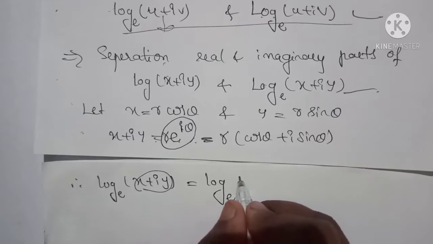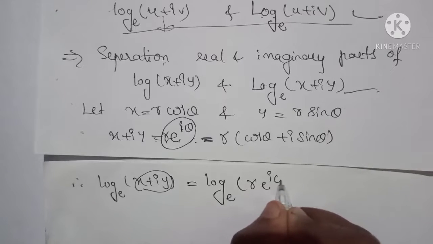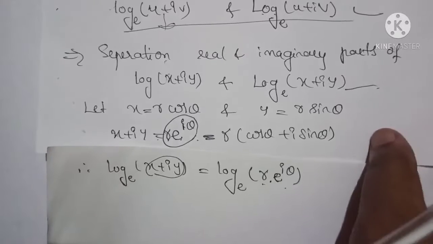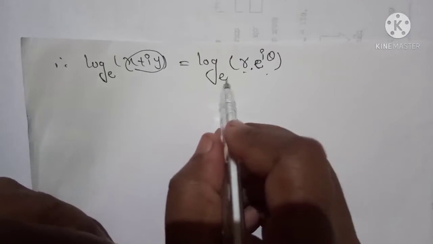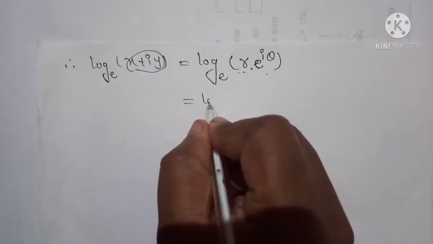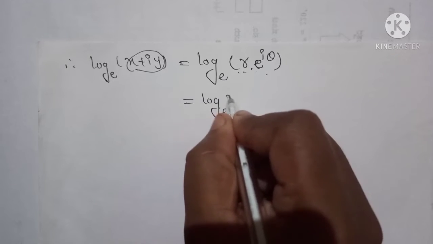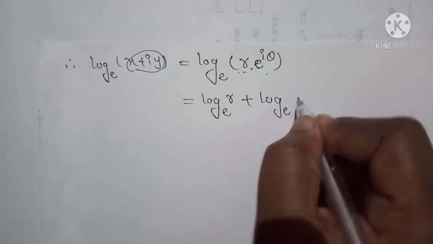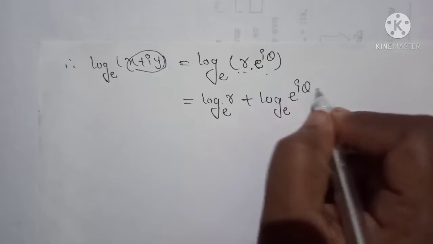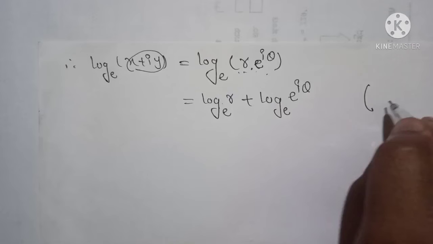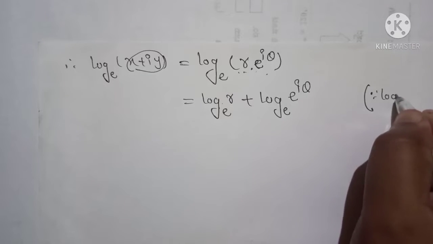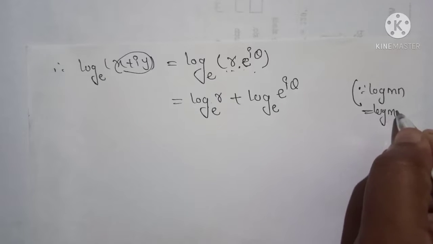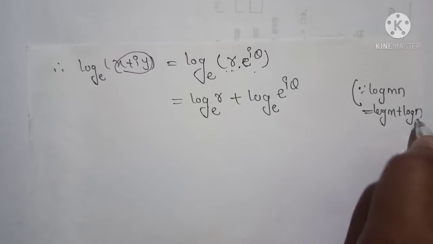Now applying the log m into n formula, log of m n is equal to log m plus log n, so it becomes log r plus log e raised to i theta.